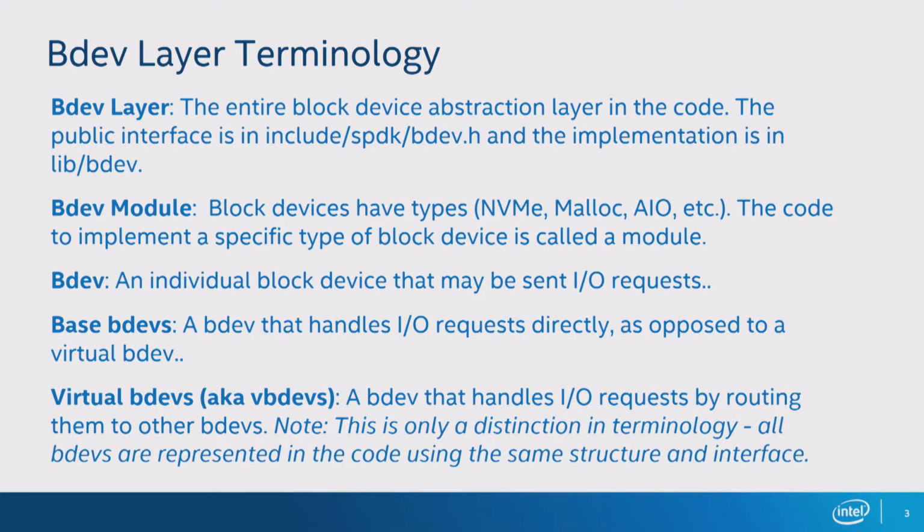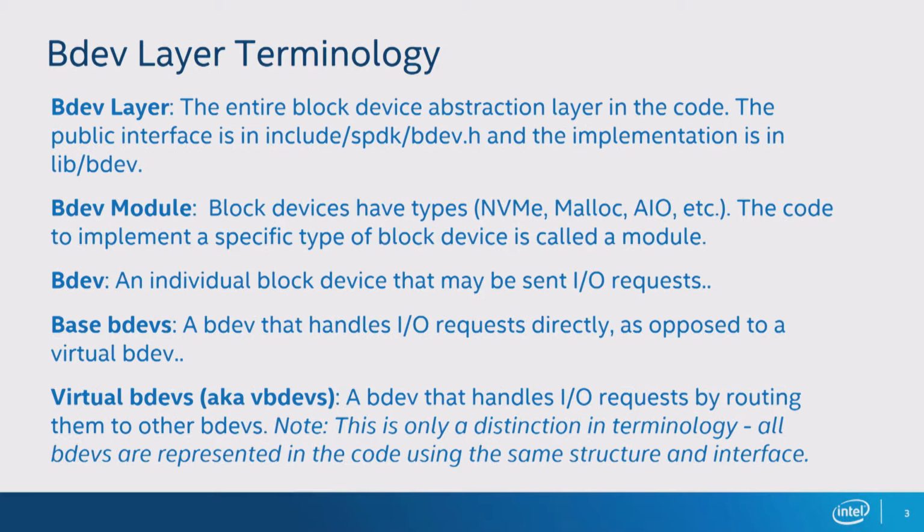A bdev module: anytime you see the word module, we're referring to the actual code implementation that creates a certain type of bdev, right? It's the C code that's checked in, that you look at in the repo and see, oh, look, there's GPT. That's the bdev module. Bdev, without module at the end, means we're actually talking about the device, the abstracted device, the structure that you target IOs at. And there are two types of bdevs that we're going to define here, a base bdev and a virtual bdev.